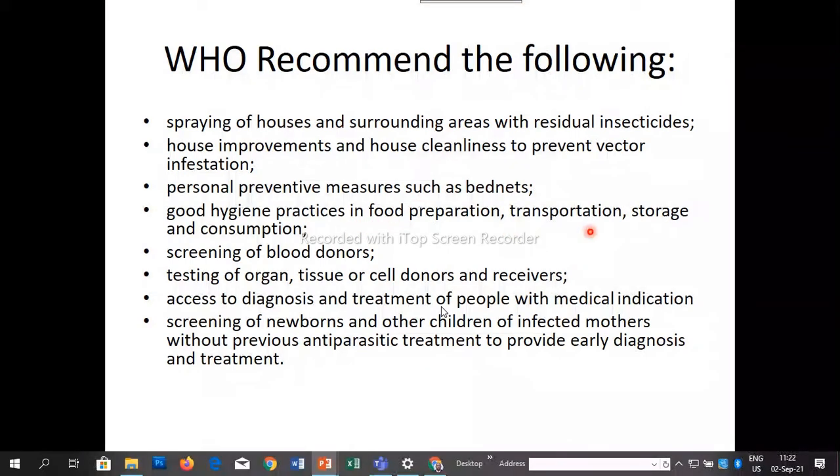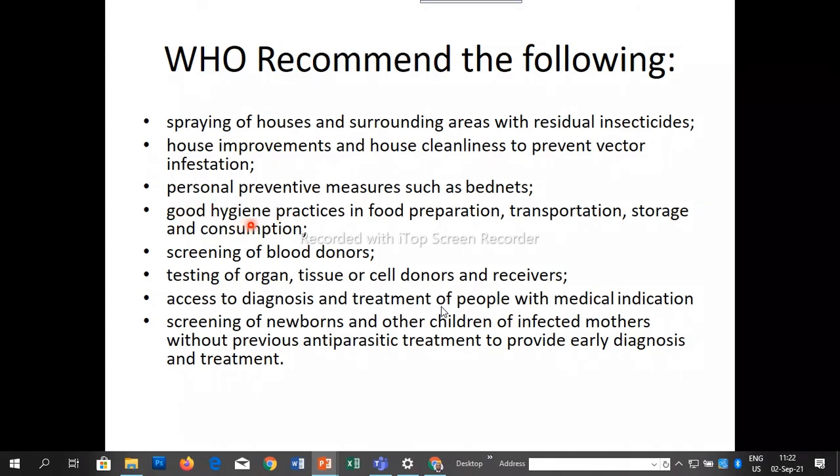Although this is not a food-related disease, still, once we give the vector an opportunity to be around us, we can get infected.